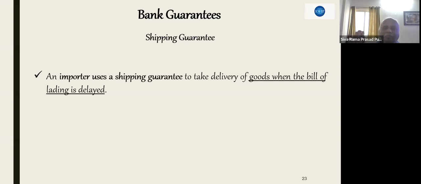Once the shipping authorities give the bill of lading and it is submitted, only then will the goods be released, like RR, the railway receipt, LR, the lorry receipt, or in airports for air cargo, the airway bill of lading, AWBL. So once it is delayed, that is also there.